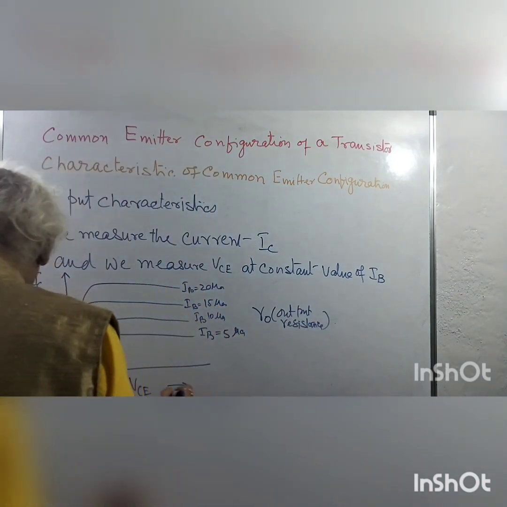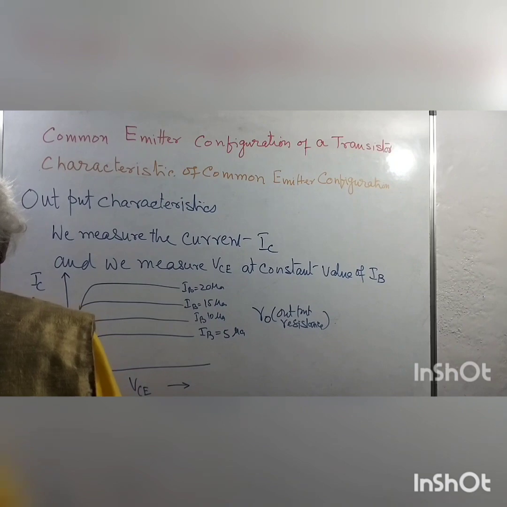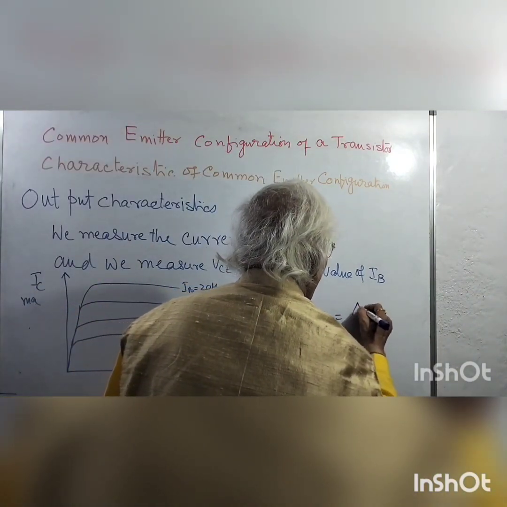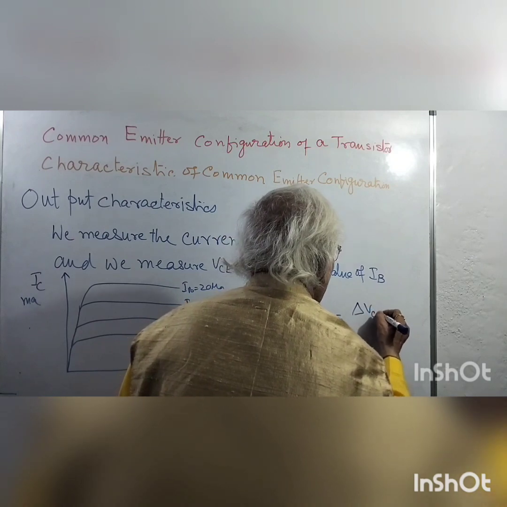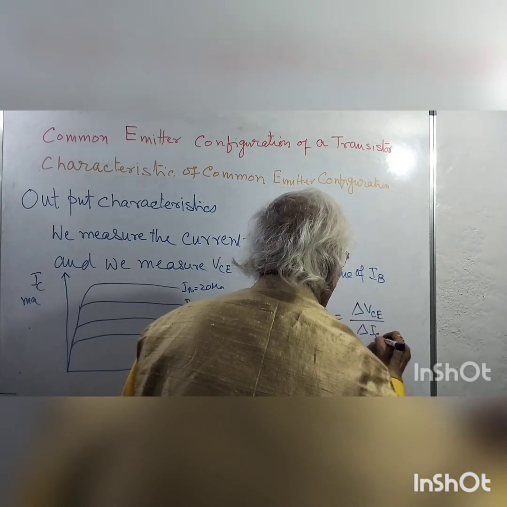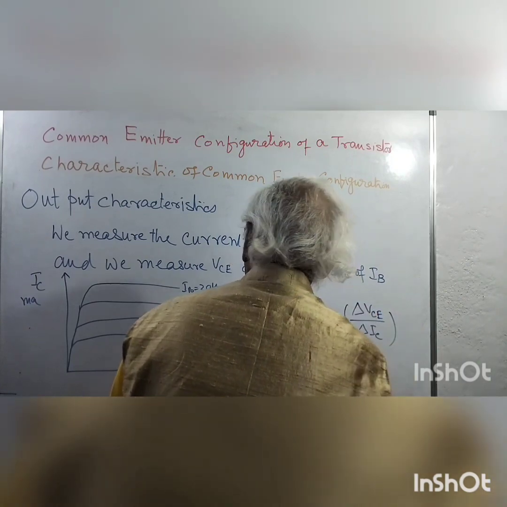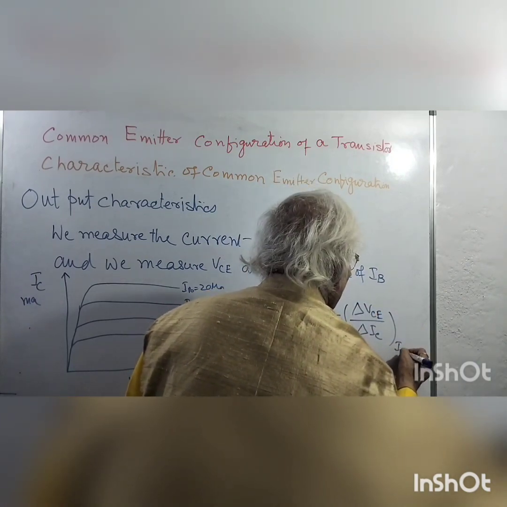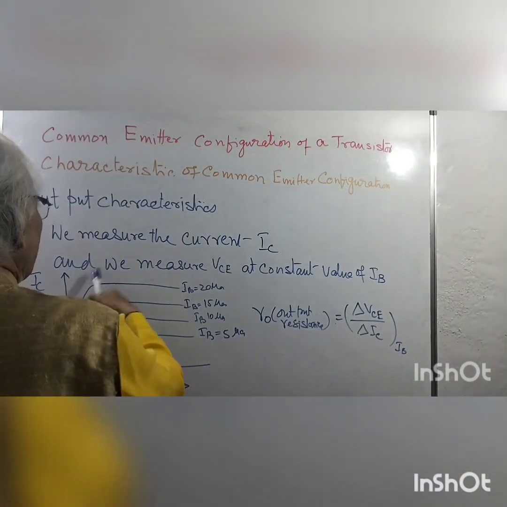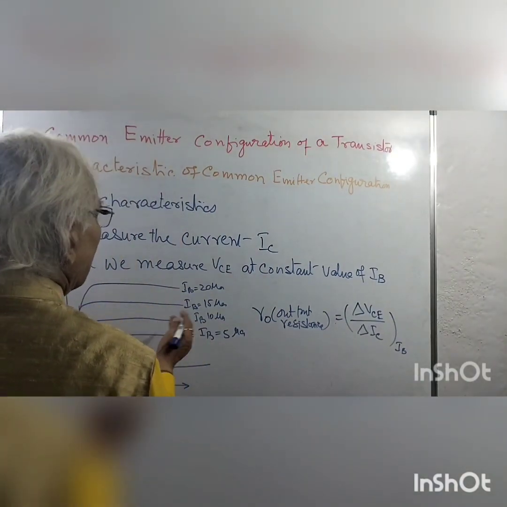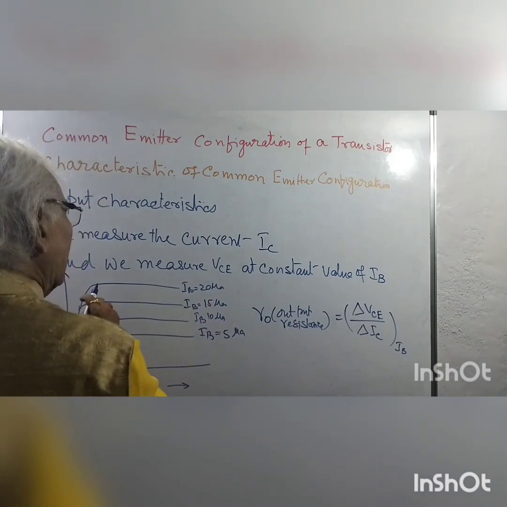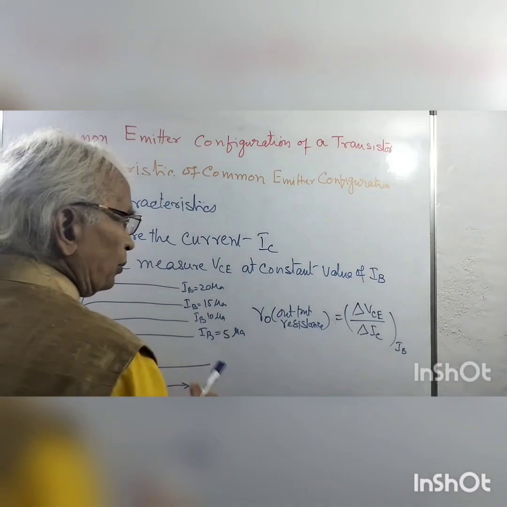Output resistance is defined as, what is output resistance? Delta VCE over delta IC at constant IB. IB remains constant. In this portion it becomes really constant. Its slight slope is there, not 100% parallel, but some slight slope is there.